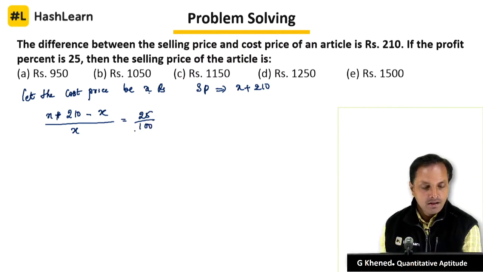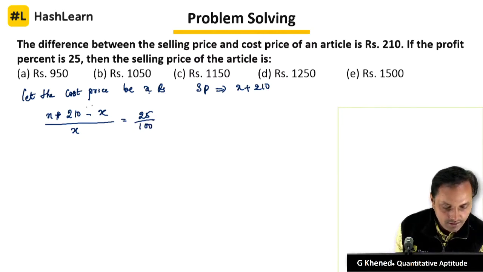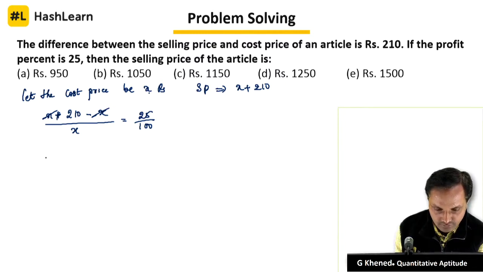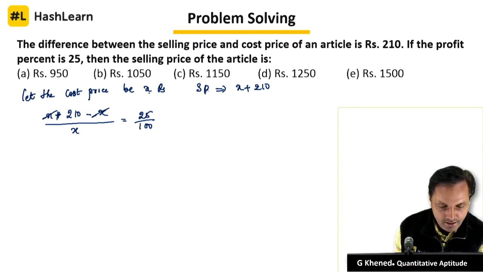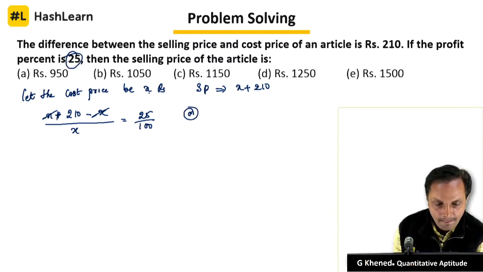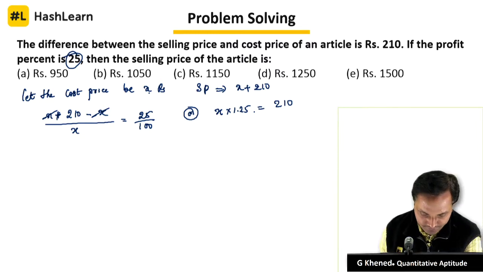With this, can you tell me what your X is? Or you can do this method, which will be very simple: X into 1.25 will be equal to 210. This is the best way.